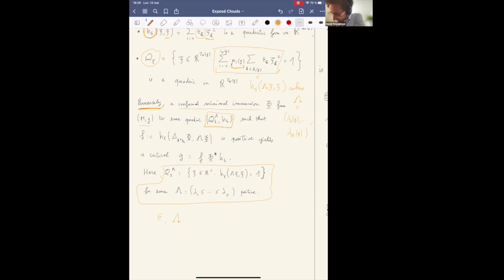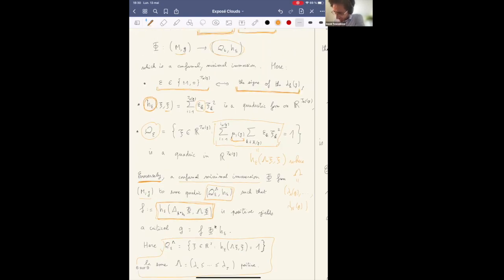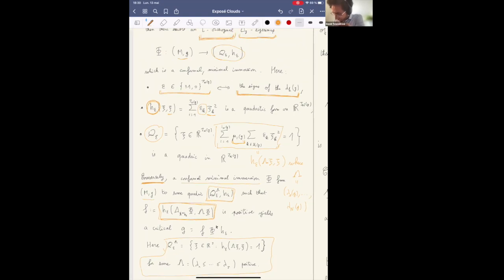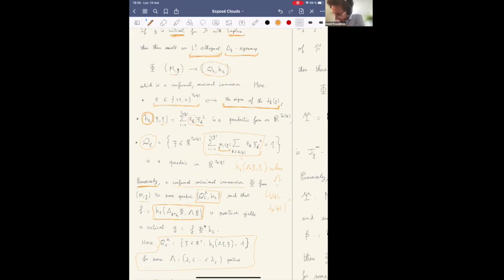And there is an extra condition to make sure that this conformal minimal immersion provides a critical pullback metric. We need to make sure that the conformal factor that we would obtain from the direct direction is positive.